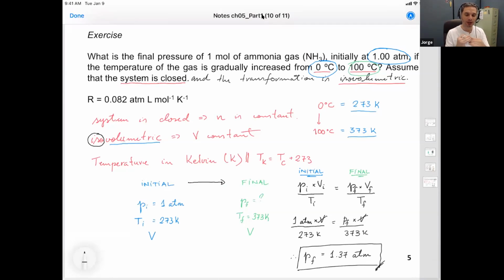Okay, so identify all the information that the problem is giving you, put everything in the equation, and then just solve for what you are looking for. In this particular case, I was able to cancel the volumes because this is a transformation that happens under constant volume.